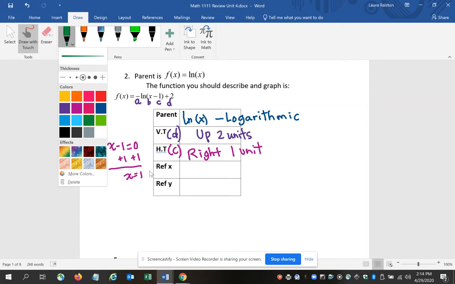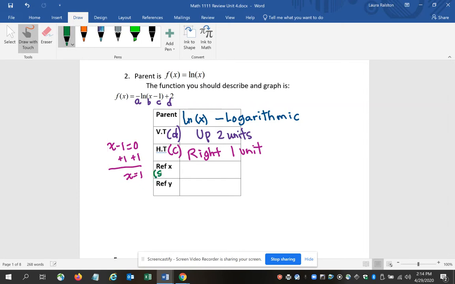The reflection on x is determined by the sign of A. A here is an understood -1. Since it's negative, there is a reflection on x.